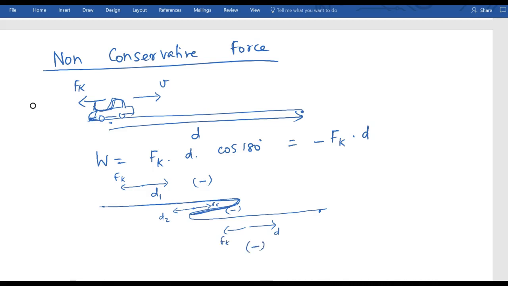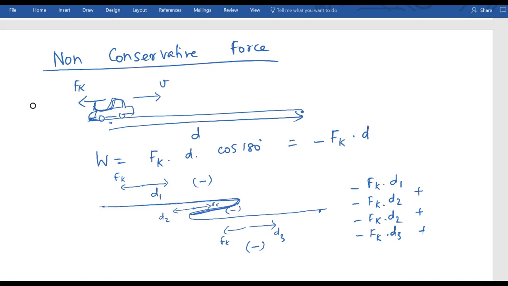So all of these work done values are going to add up to negative Fk times d1 plus negative Fk times d2 plus negative Fk times d2 plus negative Fk times d3. So this is certainly going to be more than this.